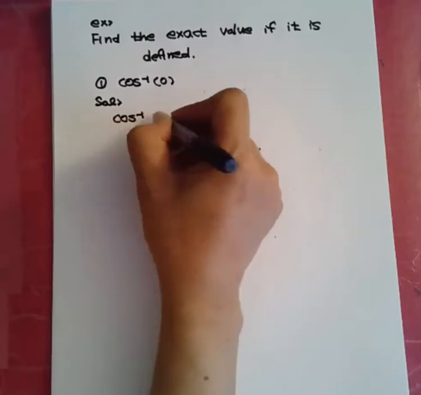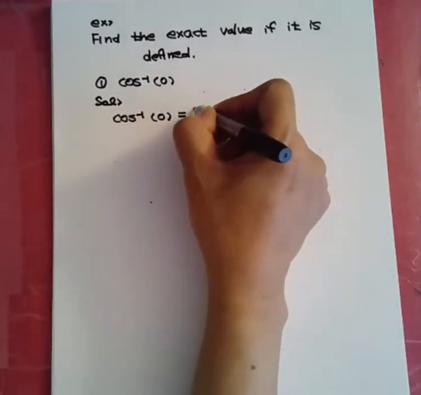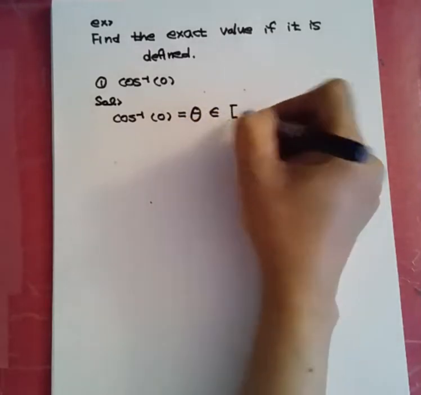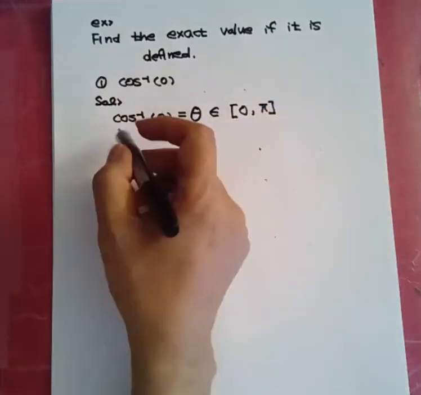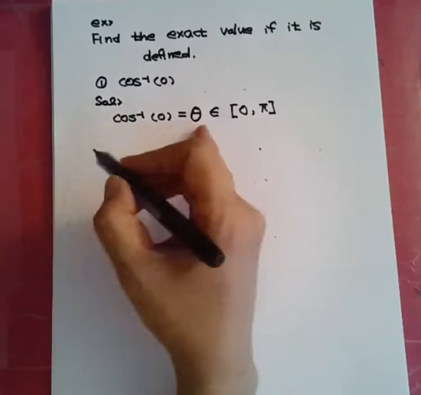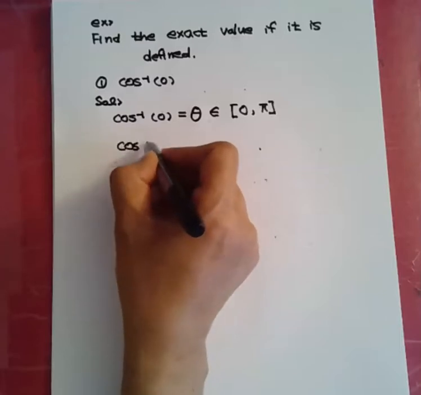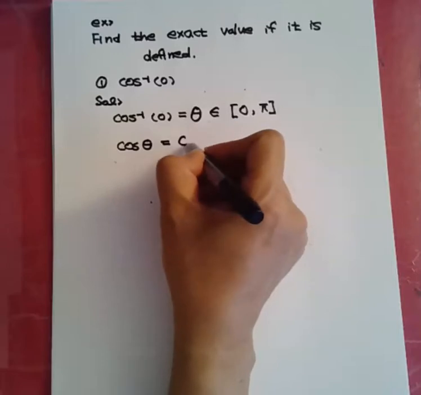Cosine inverse of 0 is the angle theta, which is located in 0 to pi. If we reinterpret that, then we switch x and y. That means cosine of that angle becomes 0.